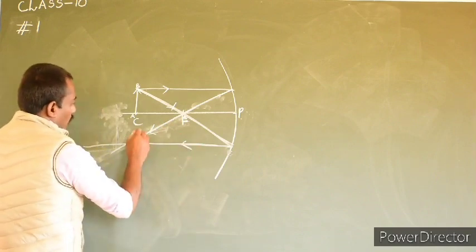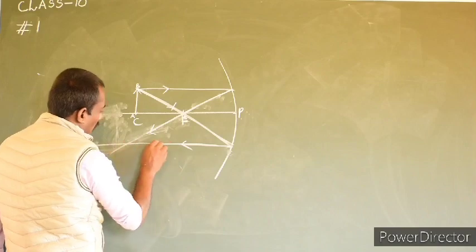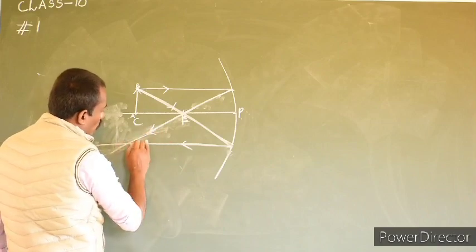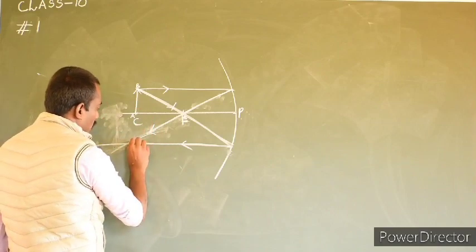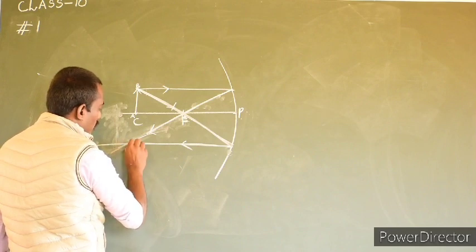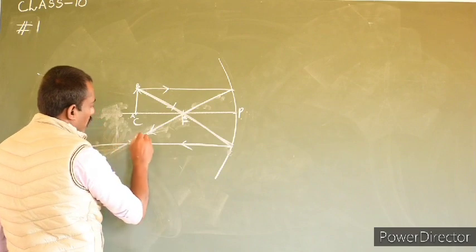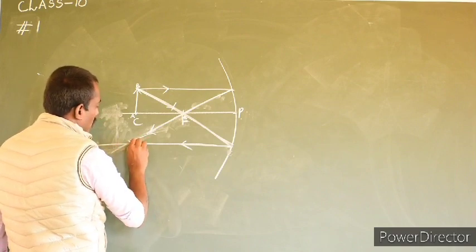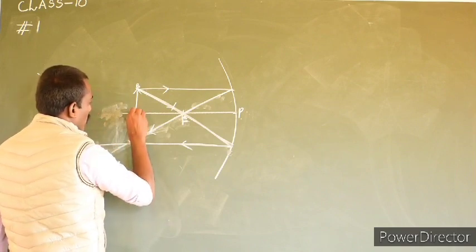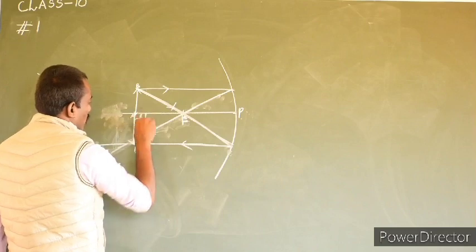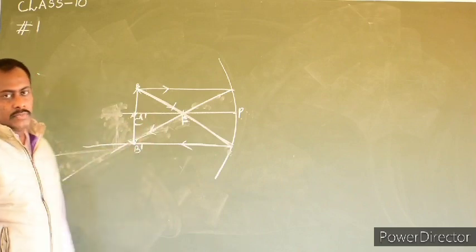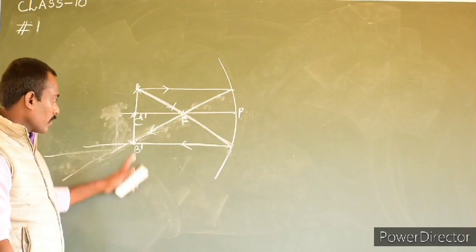Okay, and if we draw accurately, then these two will intersect at the point here, which is the point B of the image, that is B dash, and then A dash B dash will be the height of the image.